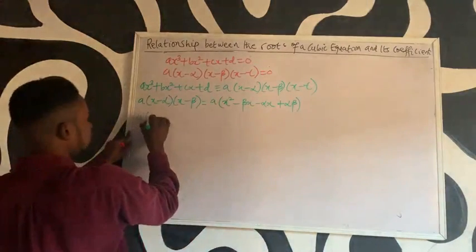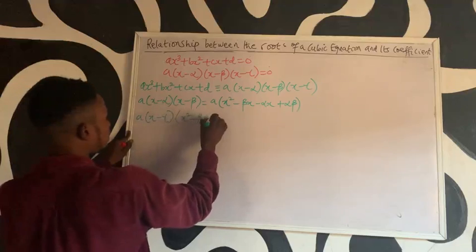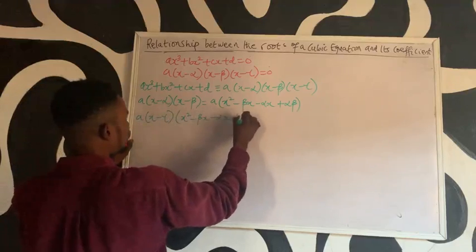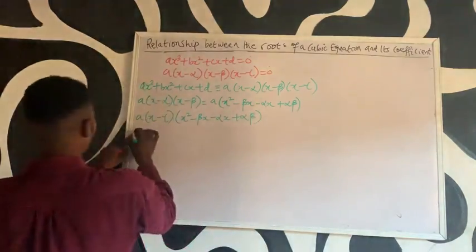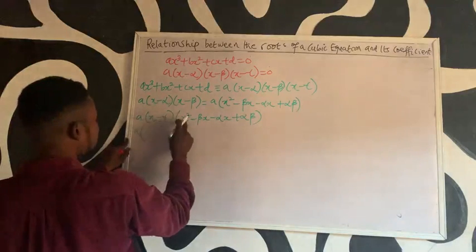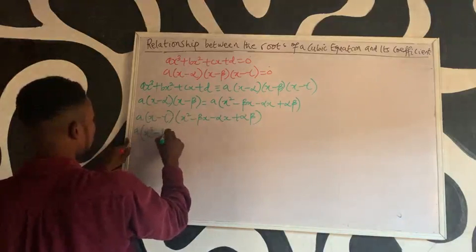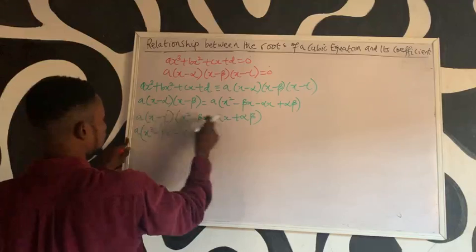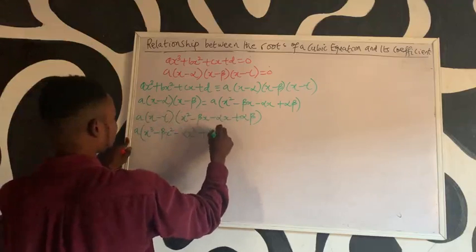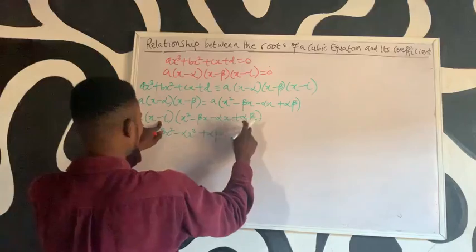A into bracket x minus gamma multiplying x squared minus beta x minus alpha x plus alpha beta. So we have a into bracket x times x squared, x cubed minus beta x squared minus alpha x squared plus alpha beta x.